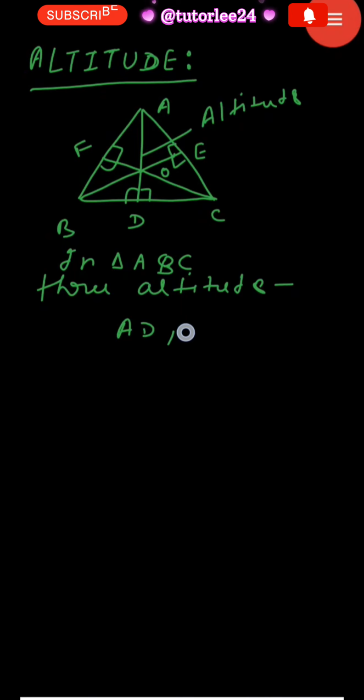AD, BE and CF. So a triangle has 3 altitudes, and the point where they meet or intersect each other is called the orthocenter. So O is the orthocenter.